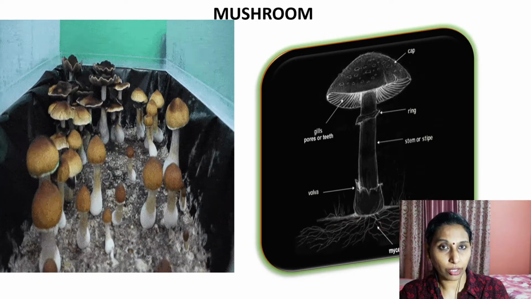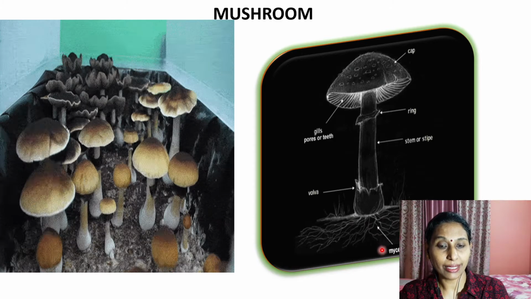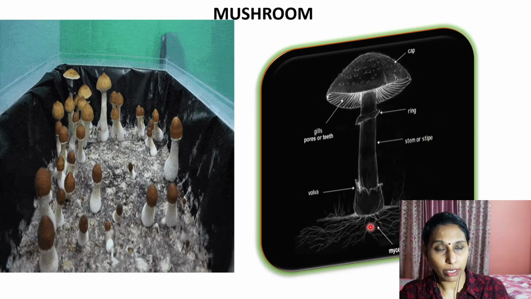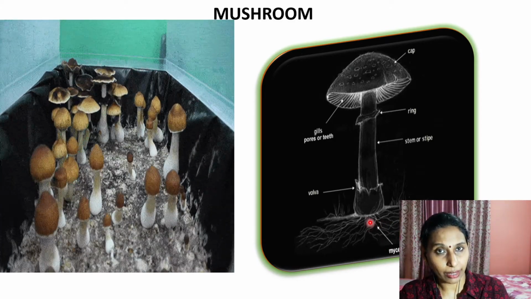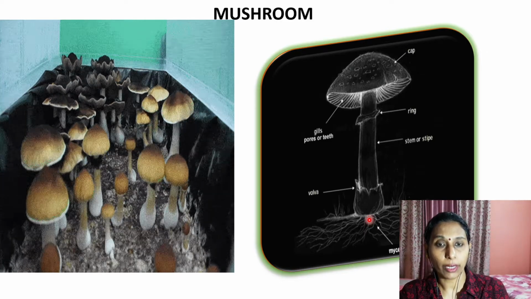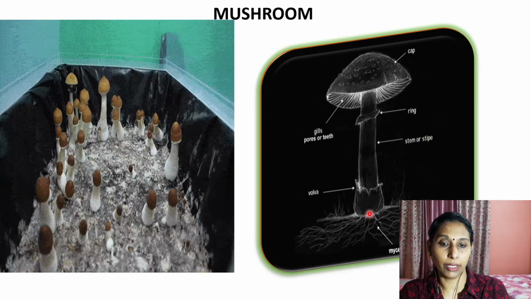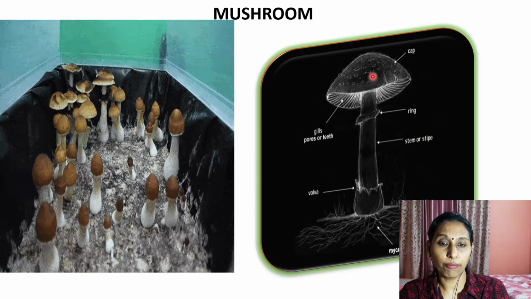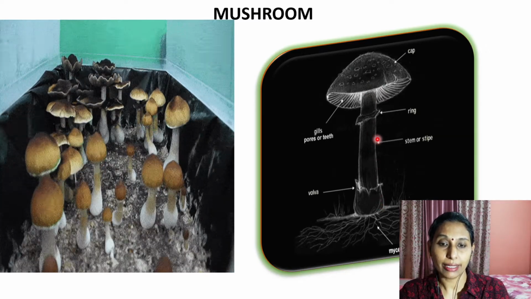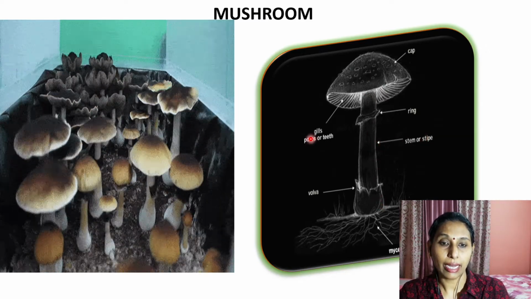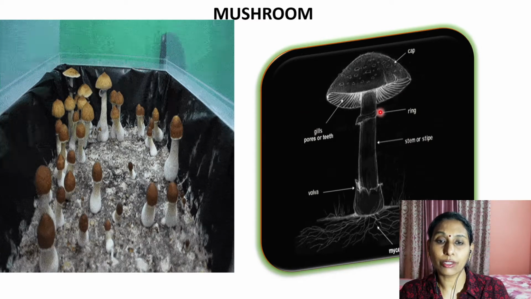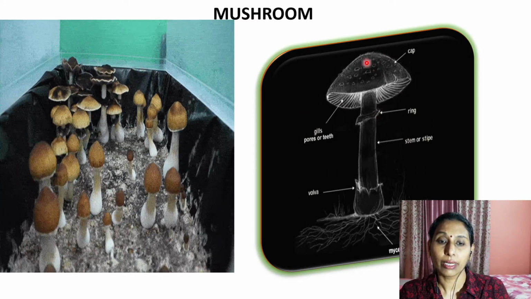This root-like structure is called mycelium. And later in its life cycle, when it is ready for reproduction, this upper part is visible. So this is the reproductive part of the mushroom. It has a stem-like structure, and then you have this umbrella-like structure which is called the cap.